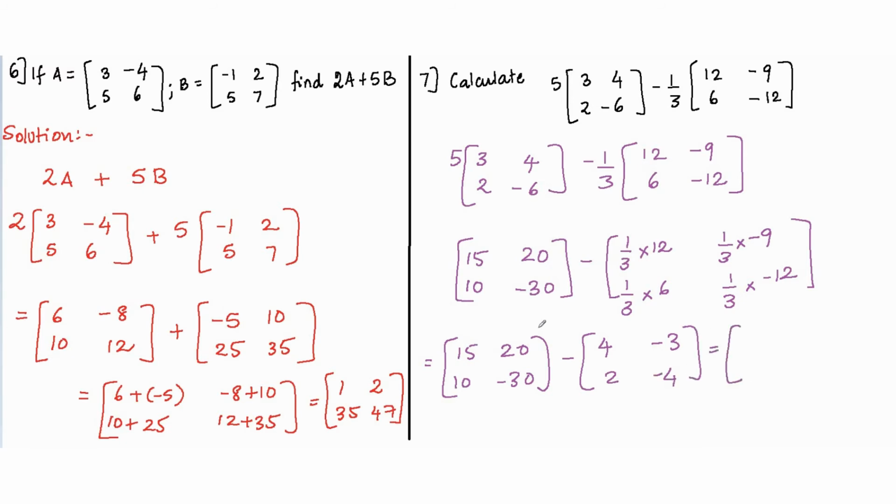Be very careful. 15 minus 4 is 11. 20 minus of minus 3, that's 20 plus 3, which is 23. 10 minus 2 is 8. And minus 30 minus of minus 4, that is minus 30 plus 4 is minus 26. And this is my final answer.